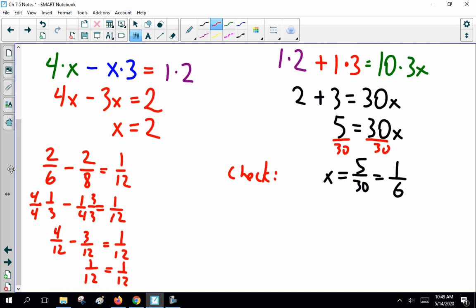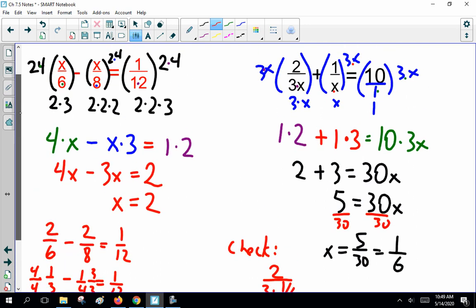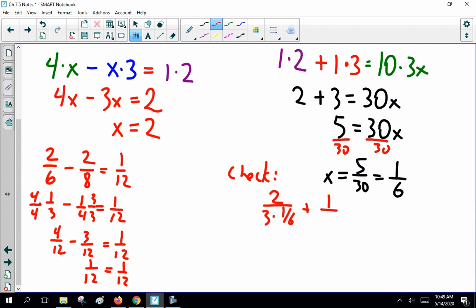2 over 3x, so that's 2 over 3 times 1/6, plus 1 over 1/6 equals 10. Holy crapola. So that becomes 2 times 6 over 3 plus 1 times 6 over 1. 2 6s are 12.